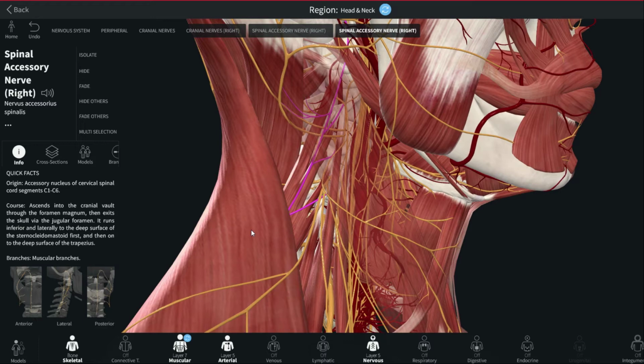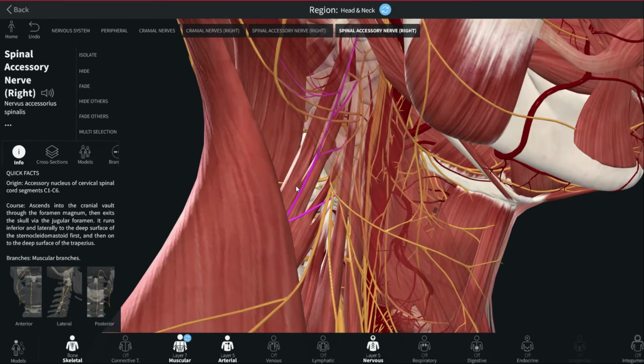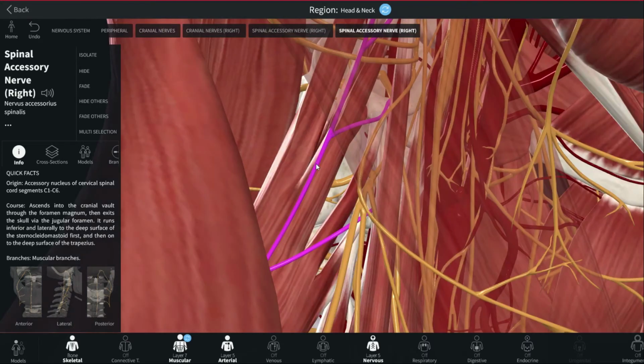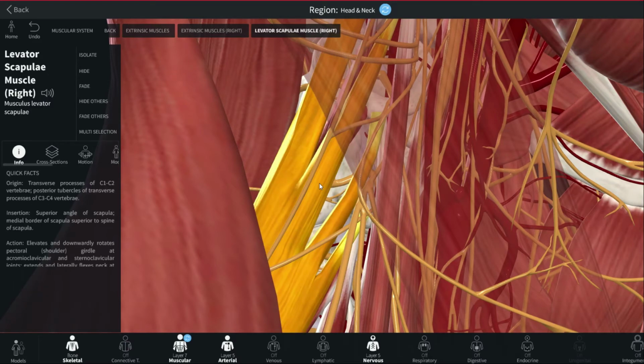Another amazing thing which is very clear and obvious here: this is the spinal accessory nerve which is selected. Can you see that the spinal accessory nerve is lying above which muscle over here? This muscle is the levator scapulae muscle, which I was selecting wrongly.